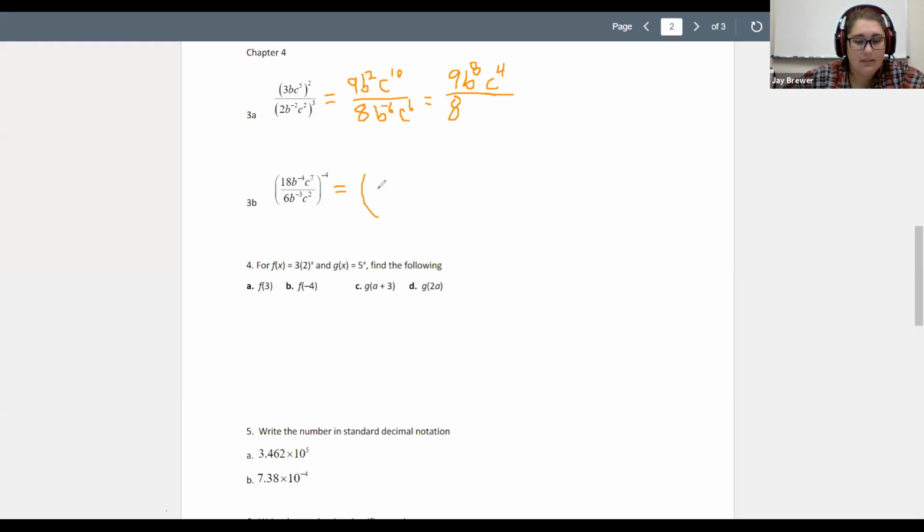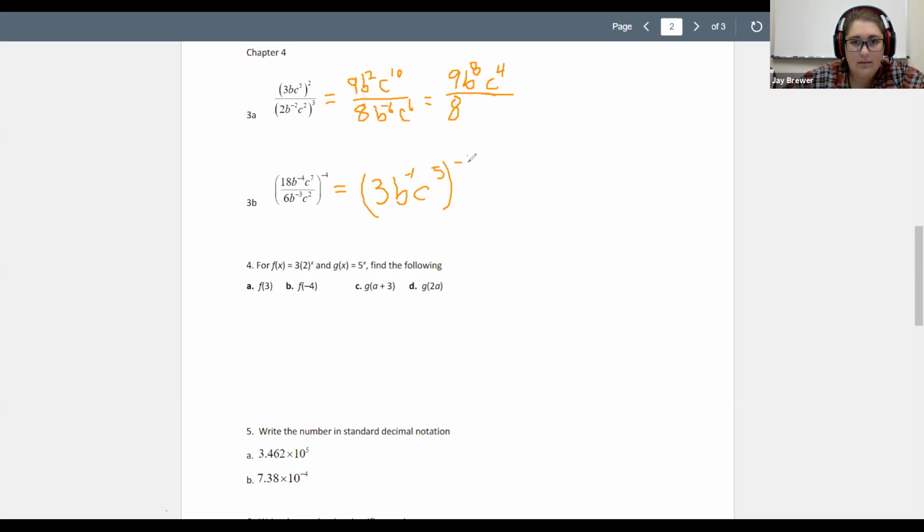18 divided by 6 is going to give us a 3. B to the -4th and b to the -3rd. If we work those out, we're going to end up getting b to the -4th minus a -3, which is going to give us b to the -4th plus 3. So b to the -1. And then c to the 7th over c squared is c to the 5th.